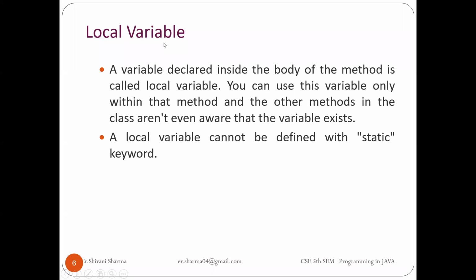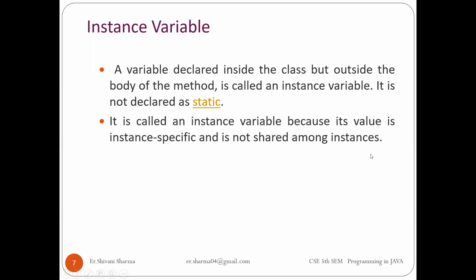They cannot be used outside the method. If you try to use it outside the method, it will generate an error. And local variables cannot be defined with the static keyword. First, local variables are never defined outside the method, means functions. Secondly, local variables cannot be defined with the static keyword. That is the local variables.